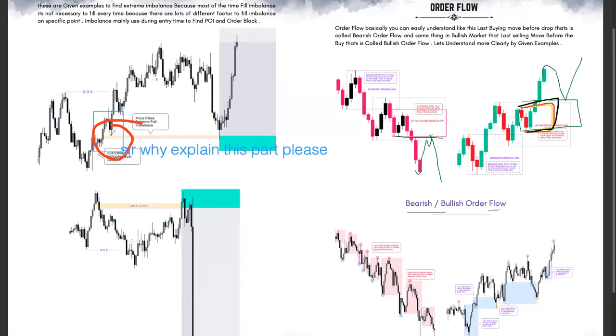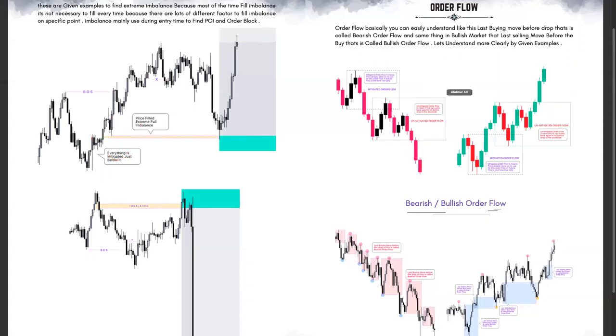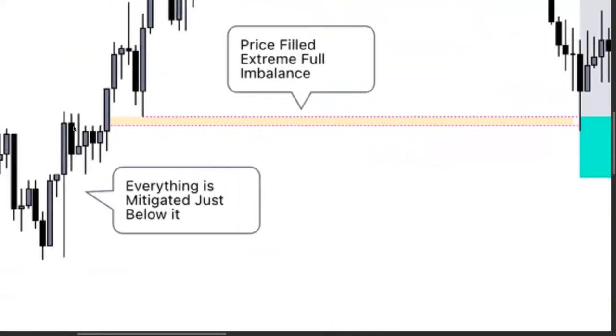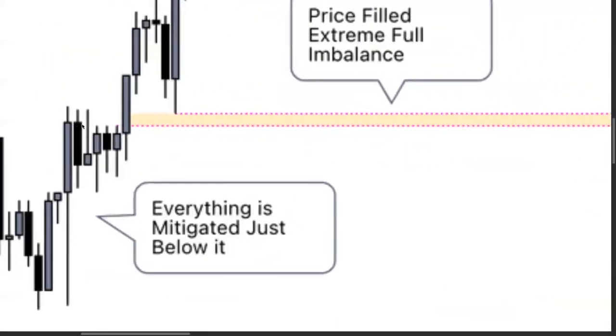Yes, this is an imbalance, a minor imbalance between this candle low and this candle high. Same thing is here. Look at this one.